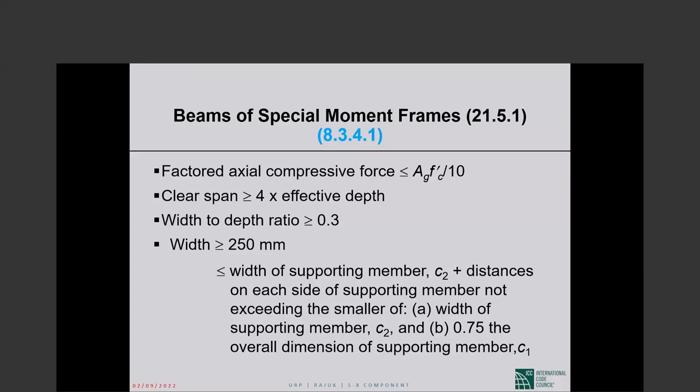Read that again. For architectural purposes, we sometimes cannot provide beams in every column-to-column line. Is it allowed in an SMRF structure?